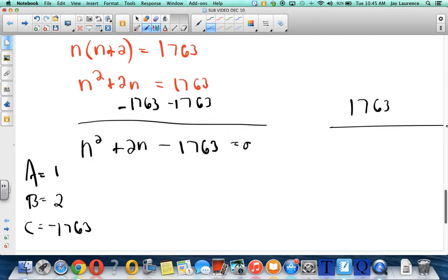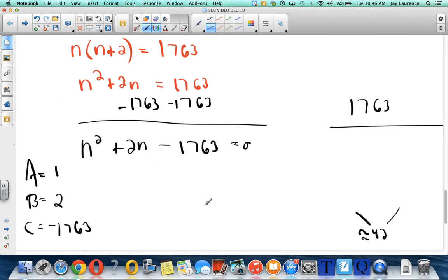When I do that, I get about 42. It's pretty darn close to 42. Right? Now, I need to move equidistant from 42. Well, B's distance is 2, so the two factors of 1,763 that I'm subtracting, because C is negative, have to be 2 units away from each other on a number line.